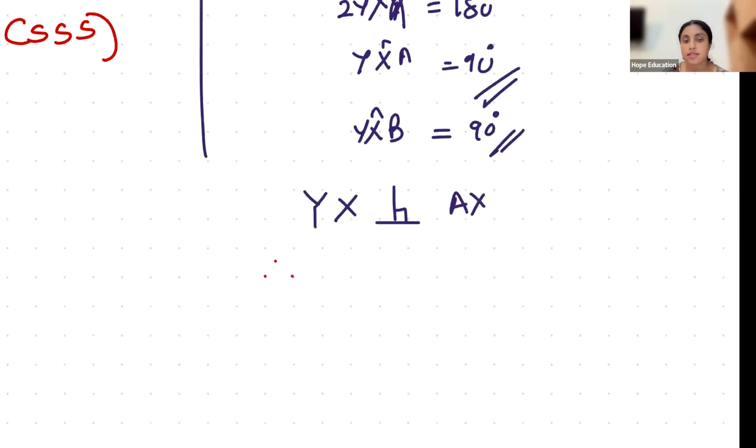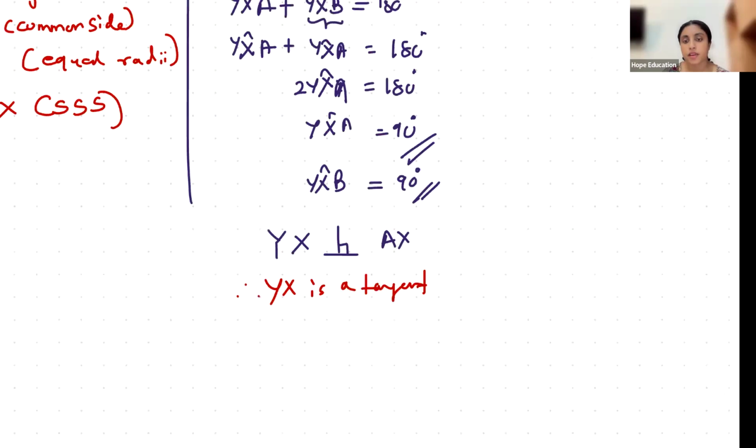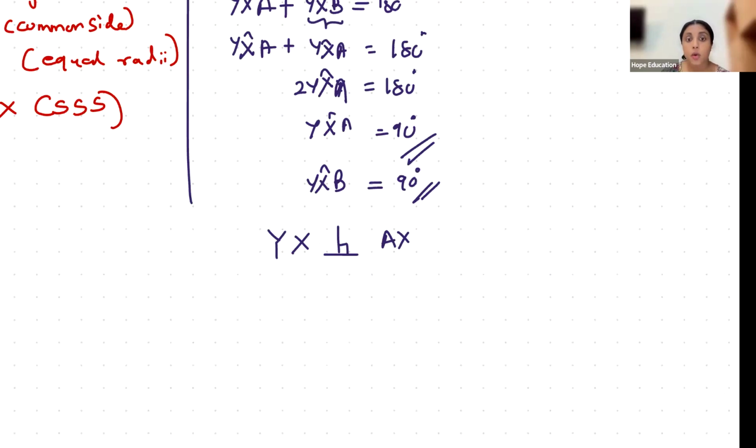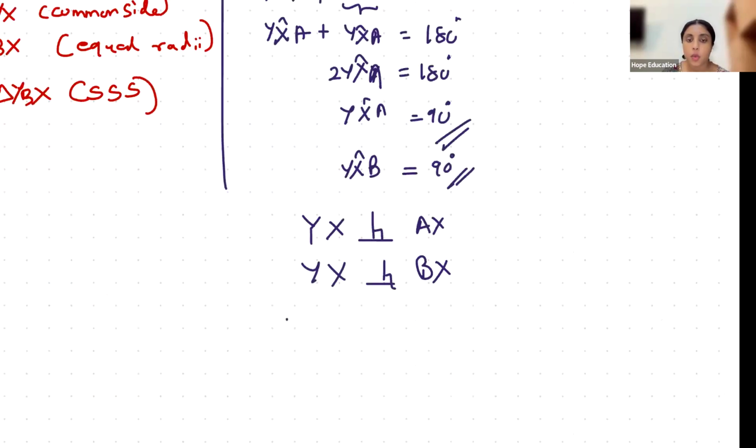Therefore, YX is a tangent to the common circle, like a label. Or shall we do it this way? Instead of writing separately, we will just say YX is perpendicular to AX. YX is also perpendicular to BX. BX is here. So AX and BX are radii. So we can say directly, therefore, YX is a common tangent.